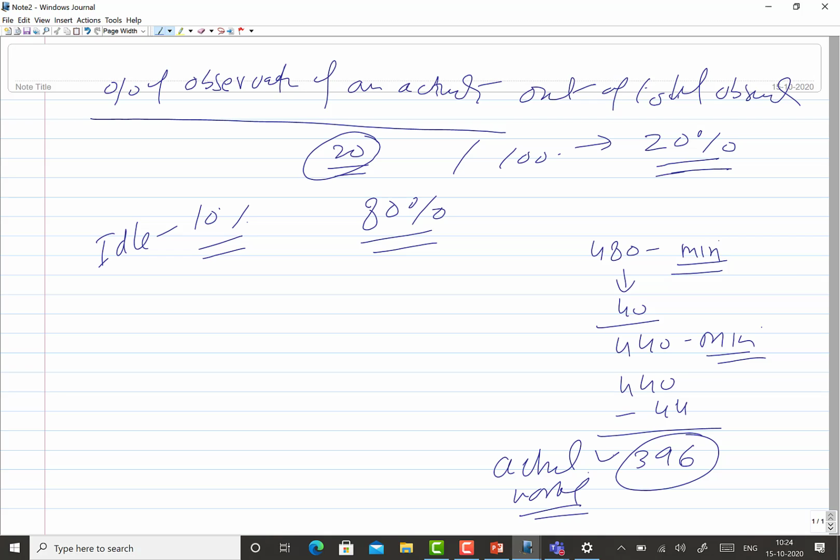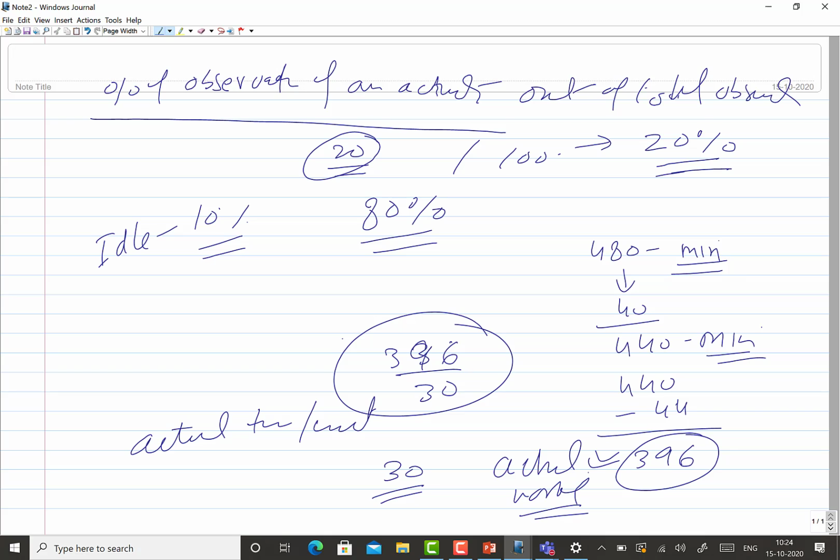And in this actual working time, if the worker is producing say 30 pieces, then the actual time required for producing per unit item will be 396 divided by 30. So this is how the time required to produce 1 unit can be identified, and this can be added with the allowances to set the time standard. Okay, so we try to find the actual working percentage, or the percentage idle time.